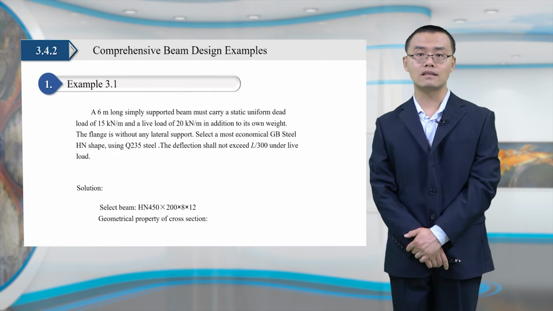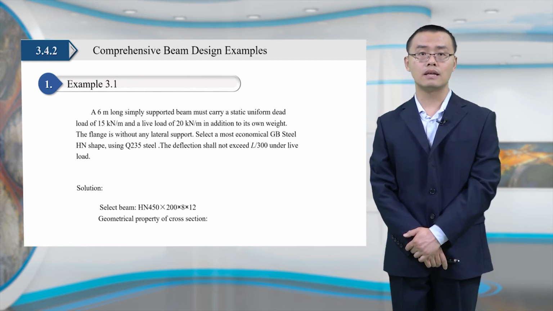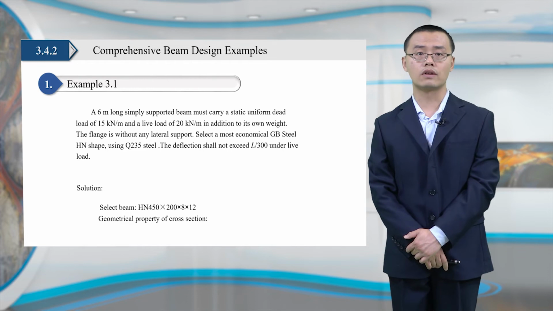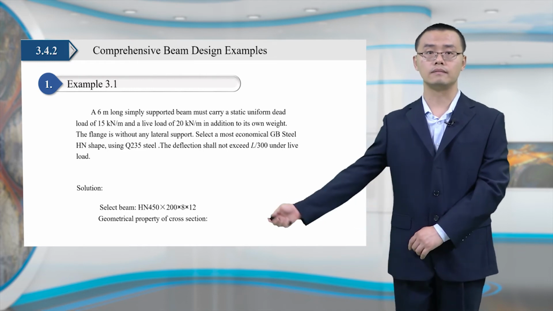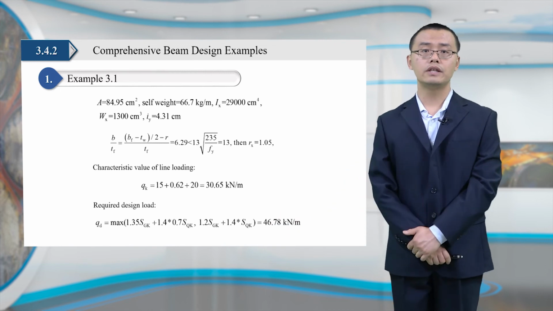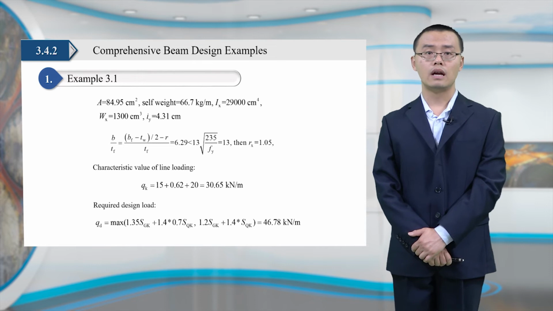We selected beam HN 450 by 200 by 8 by 12. Now, geometrical property of cross-section is calculated as the following. Each geometry parameter is calculated as follows.